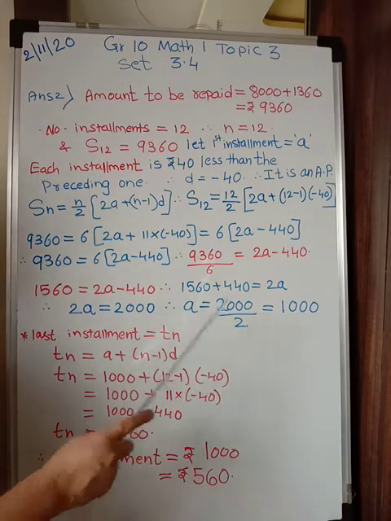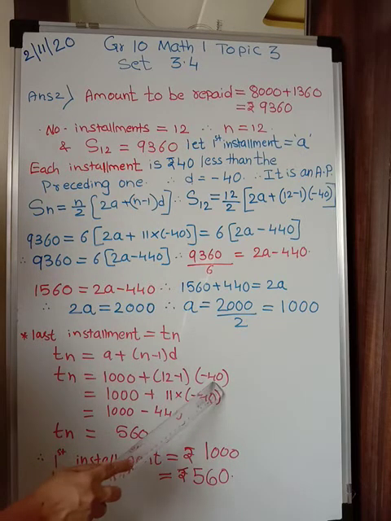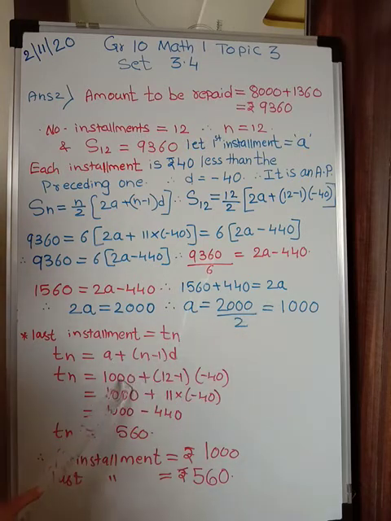Each time subtract 40 from the preceding installment, or we can find last installment as Tn. So, Tn, we have formula a plus n minus 1 into d. Number of installments are 12. d is minus 40. A, just now we have found a is equal to 1000.